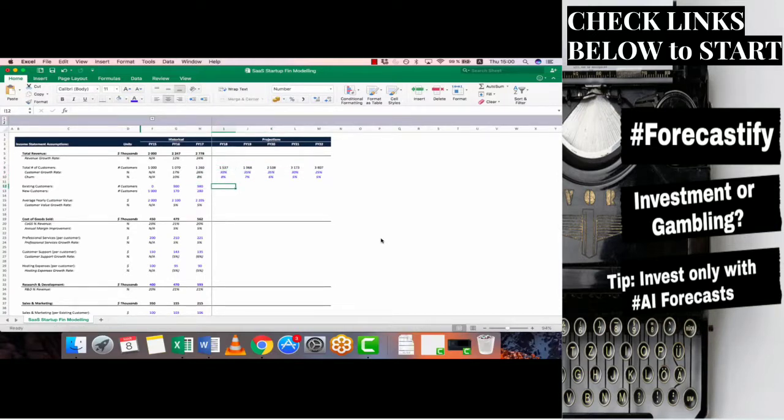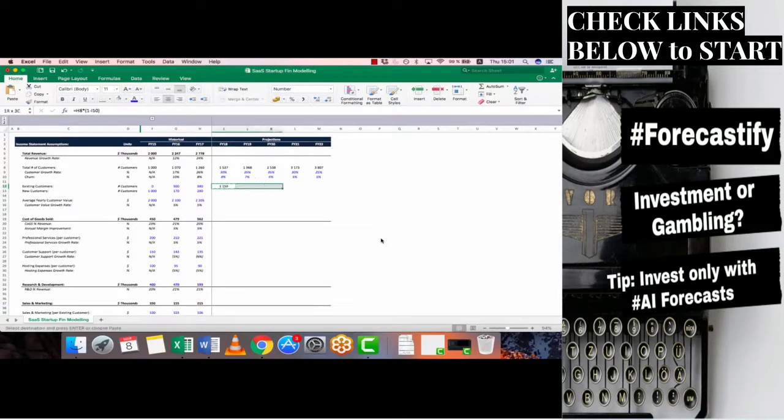So now we need to figure out how the dynamics works and how we can calculate existing and new customers. Here we are taking our total customer base and multiplying it by 1 minus churn.